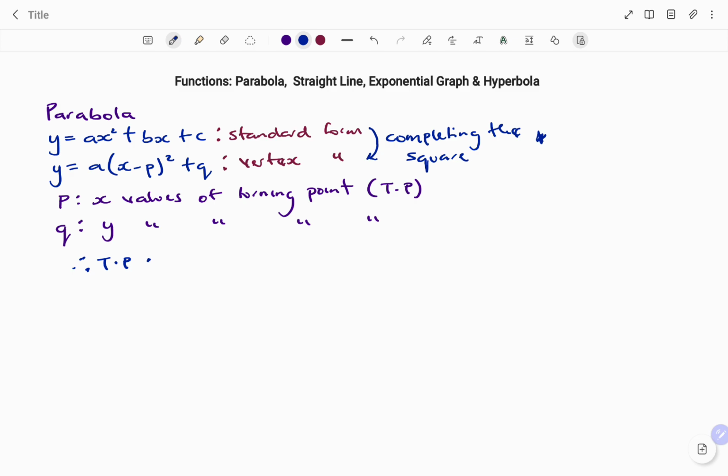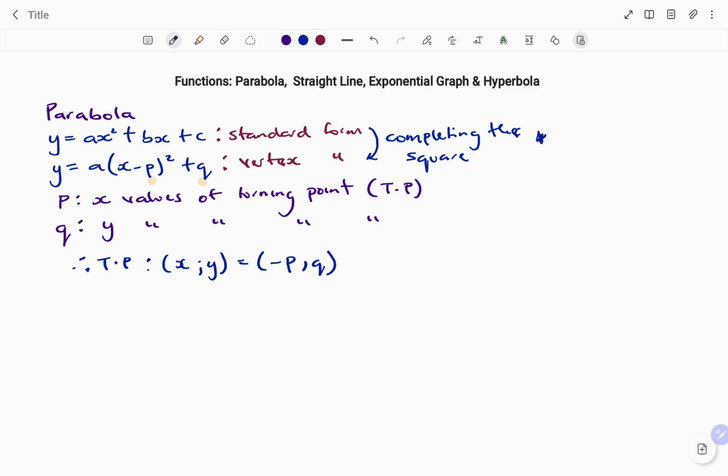Then your turning point coordinate, that's your x, y, will be negative p and q. So if you're given values of p and q, you only need to negate your p value and leave your q value as it is. That will give the coordinates of the turning point.